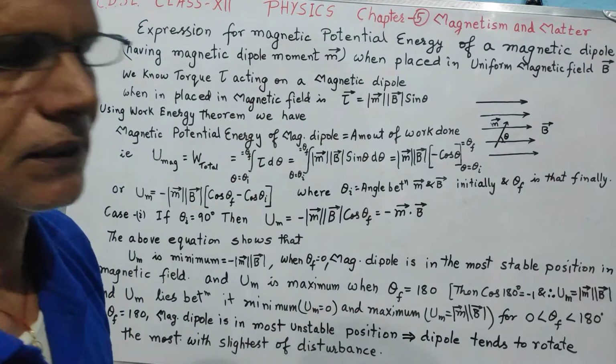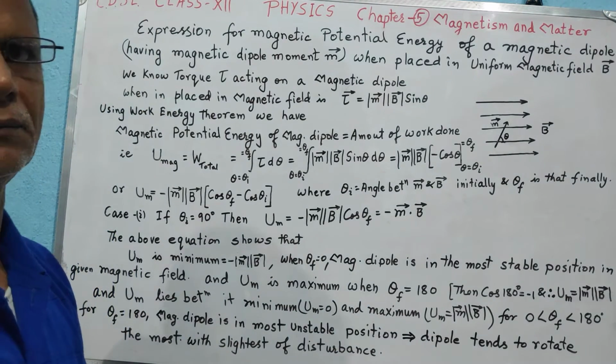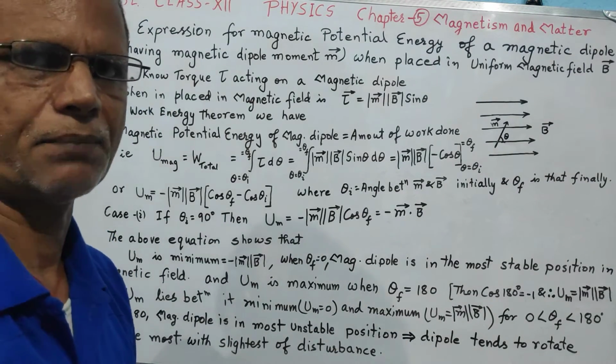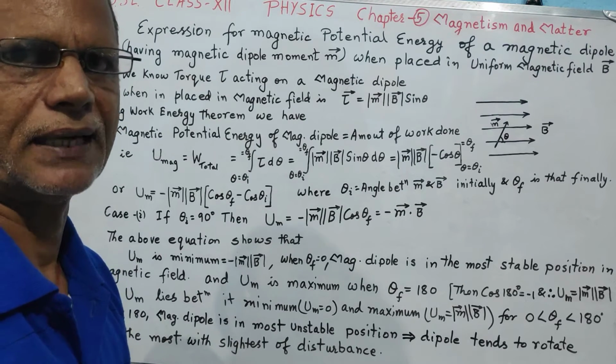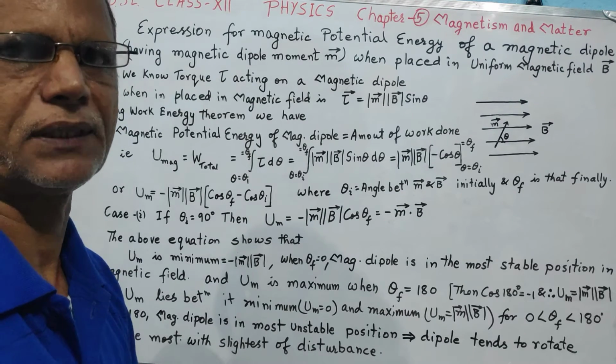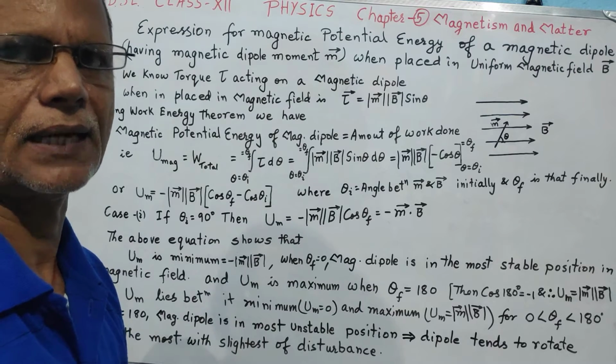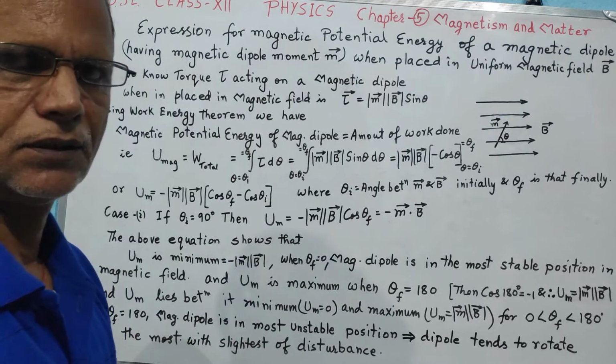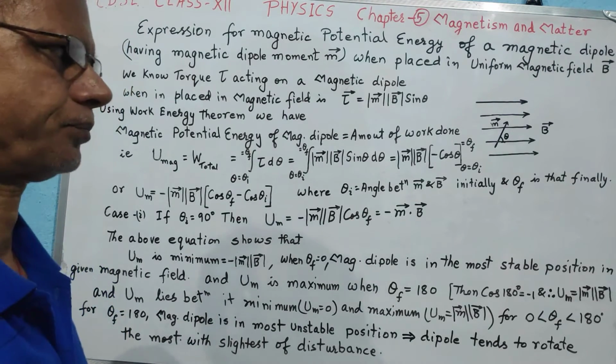Now we will start talking about the magnetic potential energy of a magnetic dipole which is placed in a uniform magnetic field.